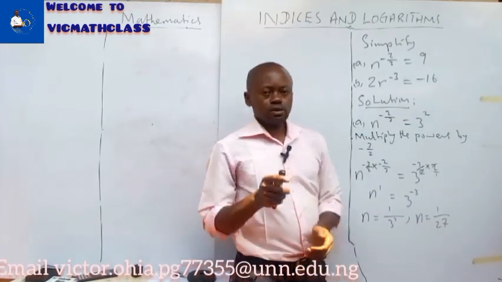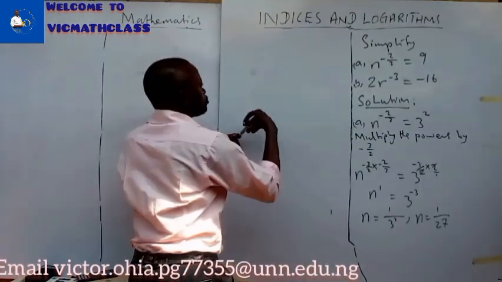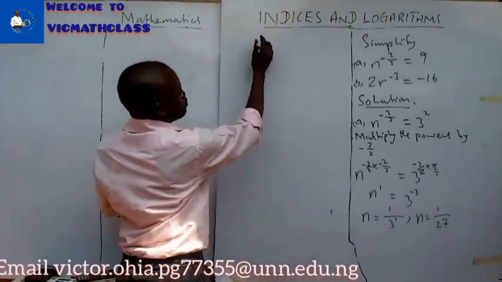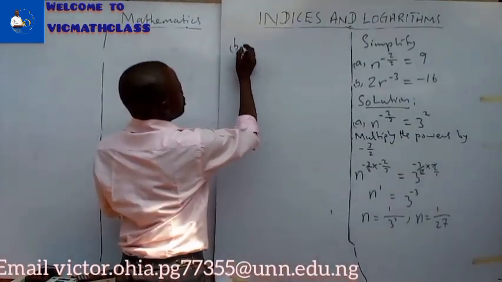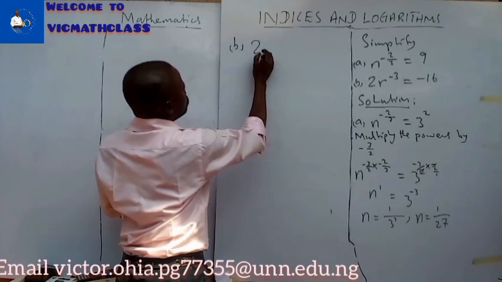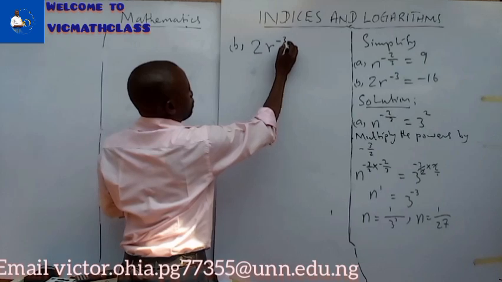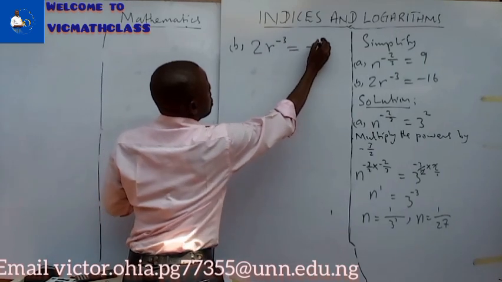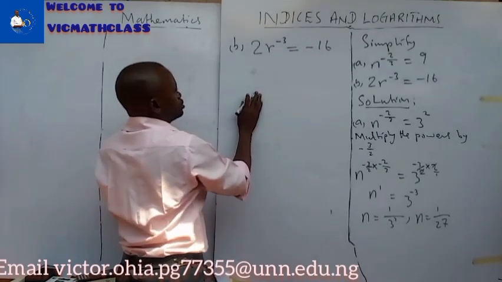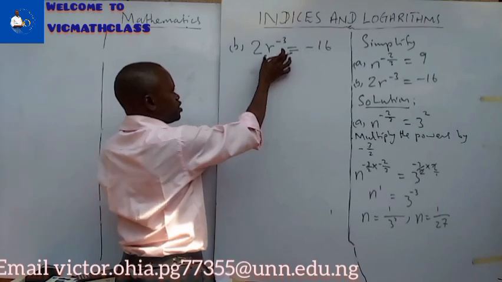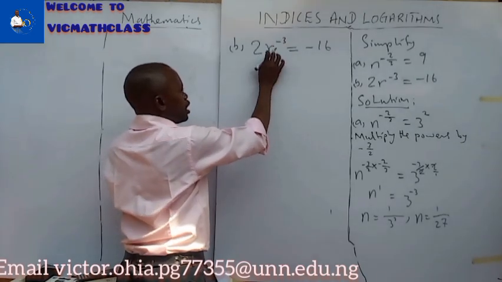All right, let's also look at the second example. We have 2 times r raised to power minus 3 equals minus 16, and the intent is for us to find the value of r.